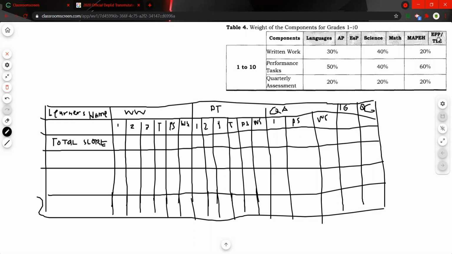Since we are now in the K to 12 curriculum, we focus more on performance, so the performance task has the highest percentage. For example, languages, AP and ESP have 50%, science and math 40%, MAPEH and TLE 60%, because we are focused on performance tasks. Performance is our ultimate goal for today's curriculum.